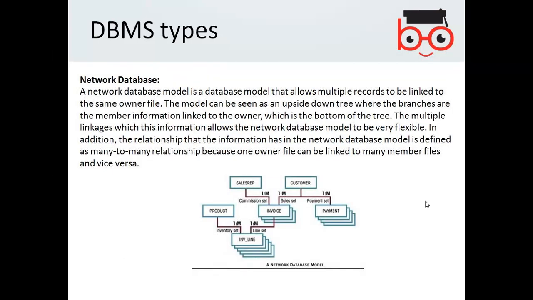Network database. A network database model is a database model. Basically, take the example of Facebook friends. In Facebook, a friend is connected to a friend, and another friend is connected to another friend.